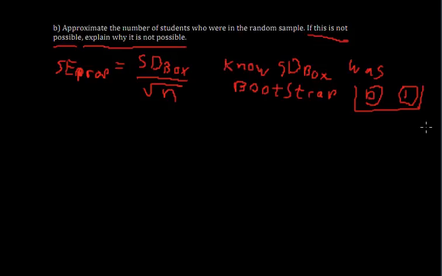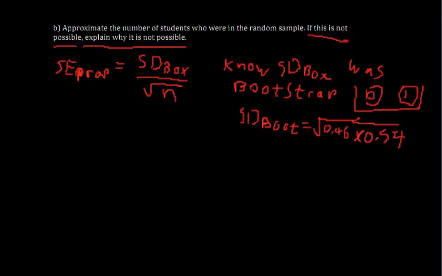So we know that the proportion in the sample was 0.46. So we know that SD boot, which is SD box here, is the square root of 0.46 times 0.54, this and 1 minus this.